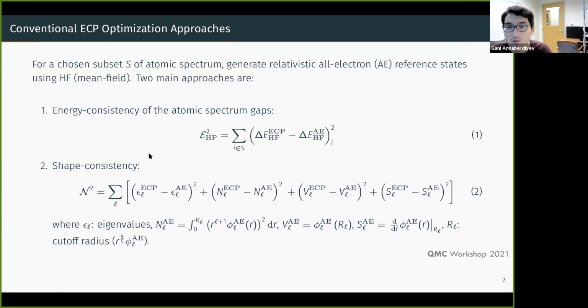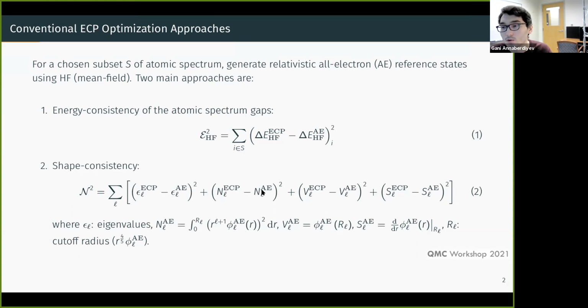Another related method is the so-called shape consistency, where it primarily uses quantities of single particle orbitals. In this case, we would have the single particle electron eigenvalues. You would match the ECP versus the all-electron eigenvalue.